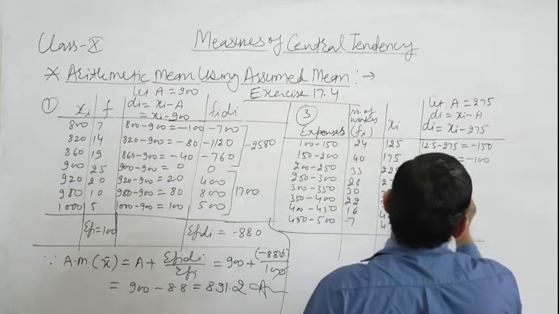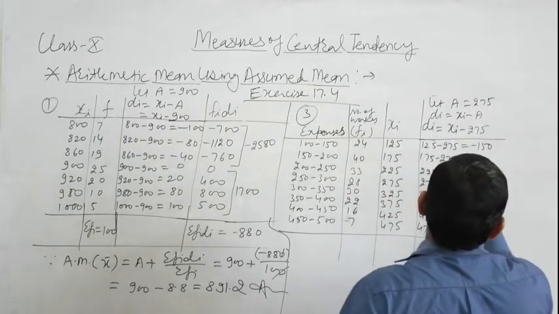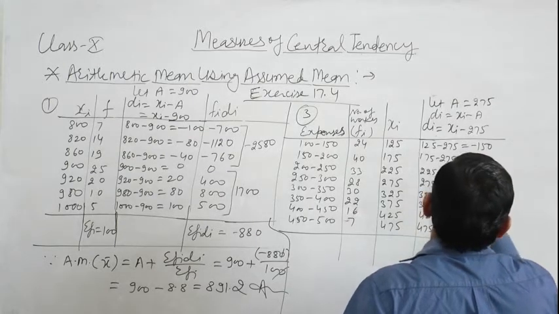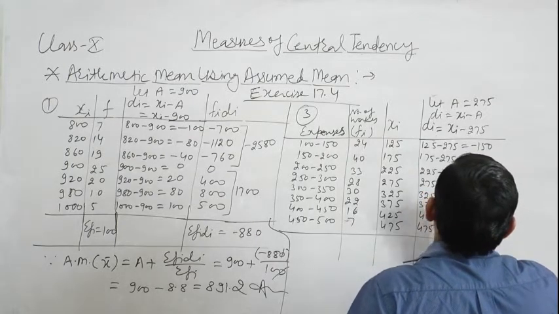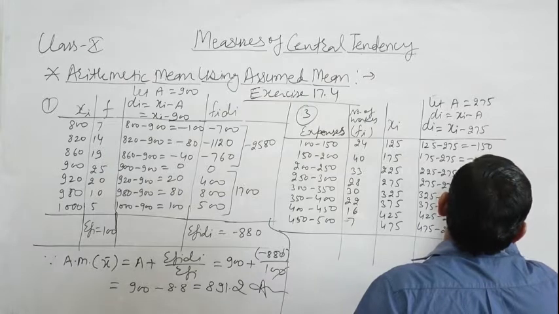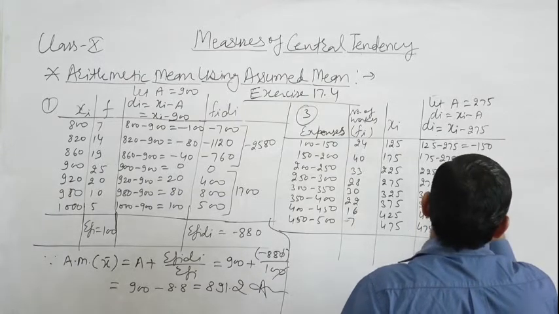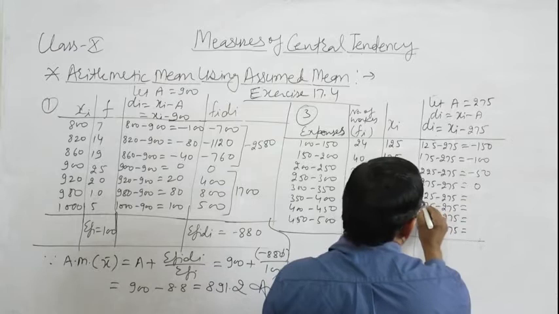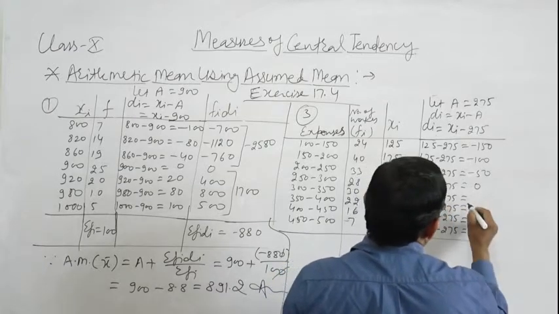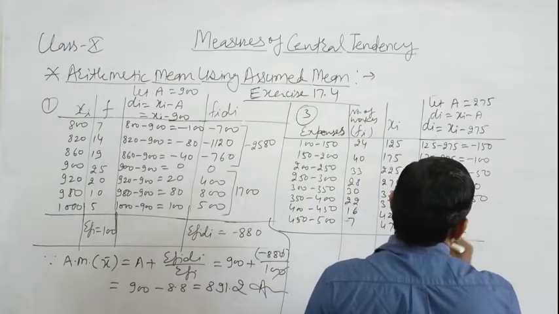Then 225 minus 275 is minus 50. Then 275 minus 275 is 0. Then 325 minus 275 is 50.